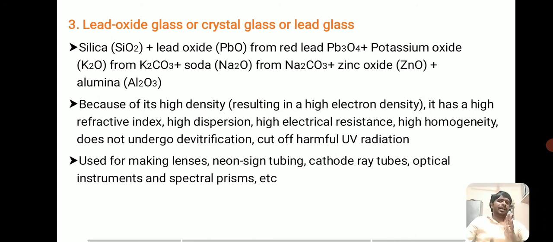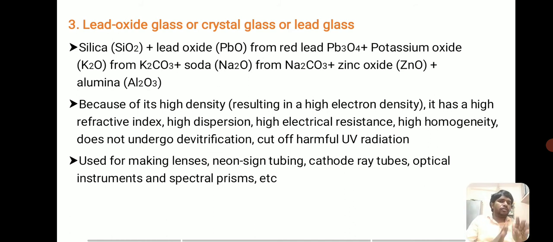These are the raw materials used for the manufacture of lead glass. Because of its high density, it has a high refractive index, high dispersion power, high electrical resistance, and high homogeneity, and does not undergo devitrification.